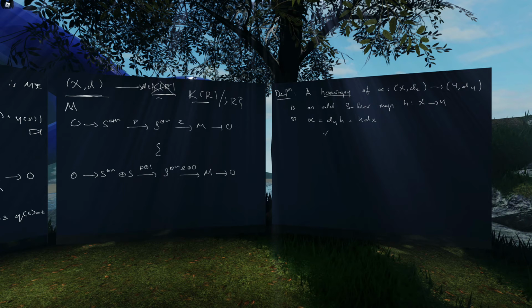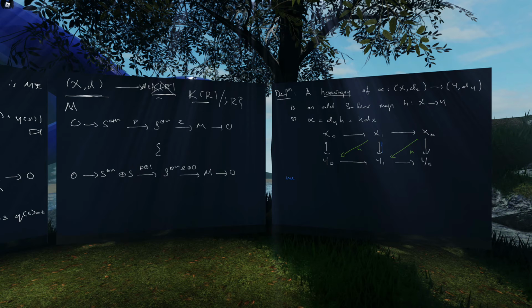So usually this is drawn, at least I've seen it drawn, on the diagram like so, where the triangles don't commute, but rather they sum to the relevant vertical map, alpha i.